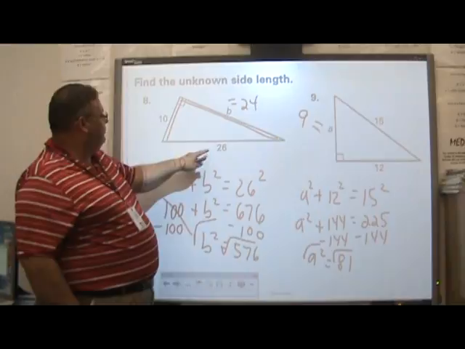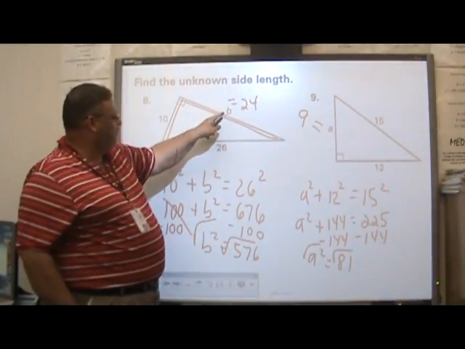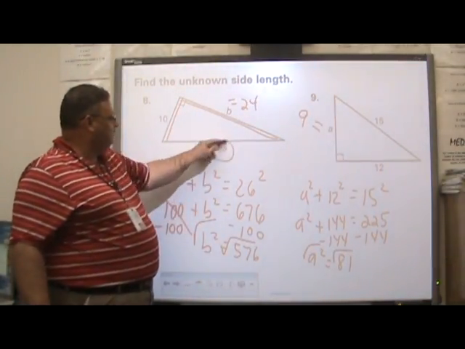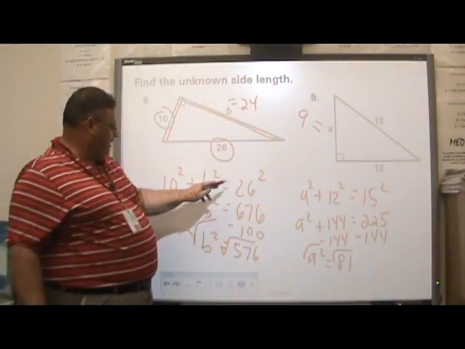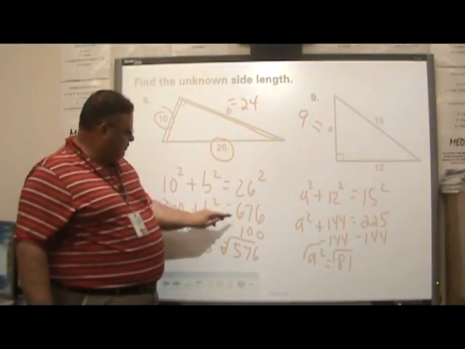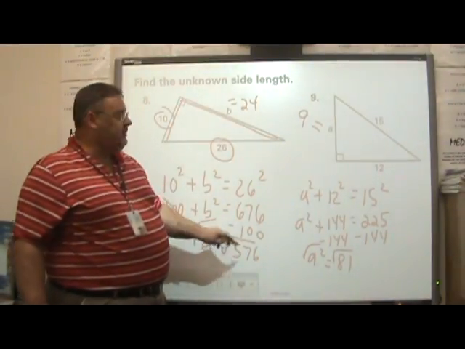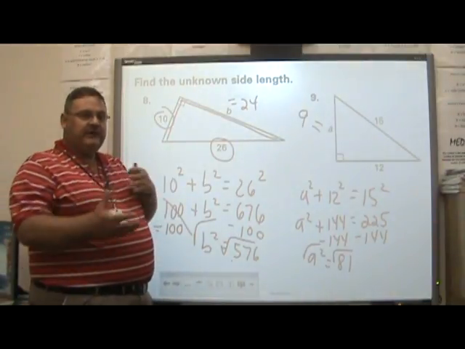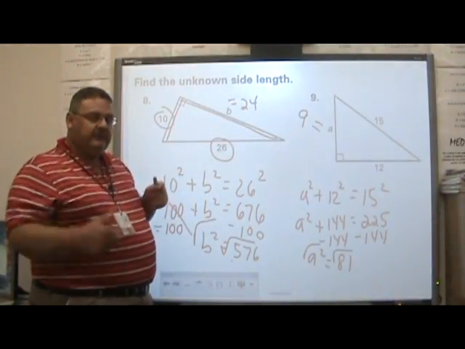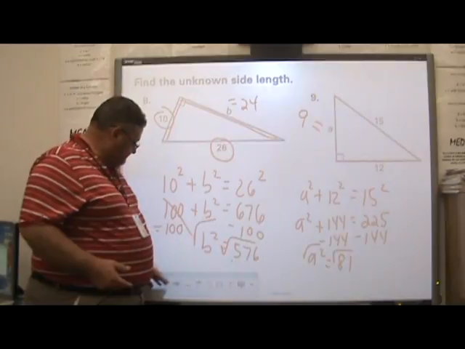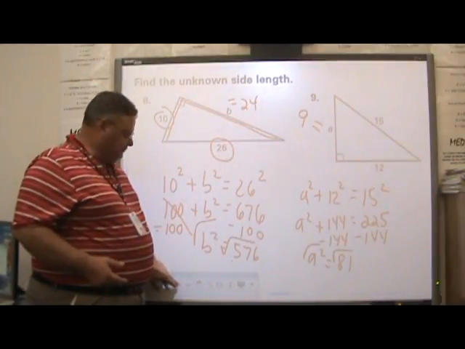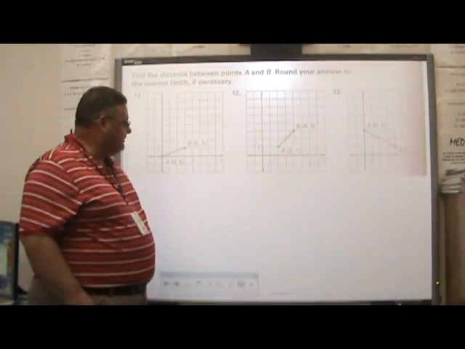When I have the long side and only one of the short sides, you're always squaring them, and then subtracting the smaller one from the larger answer, and then taking the square root. So it's a little trick mentally to remind my students which step to do, whether to add or subtract before they take the square root in Pythagoras theorem.